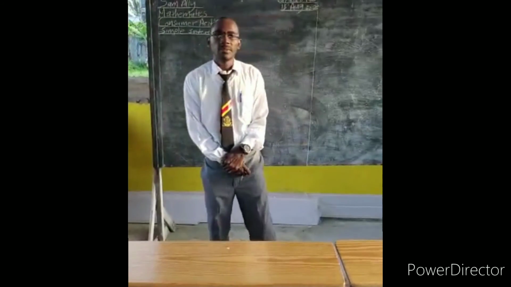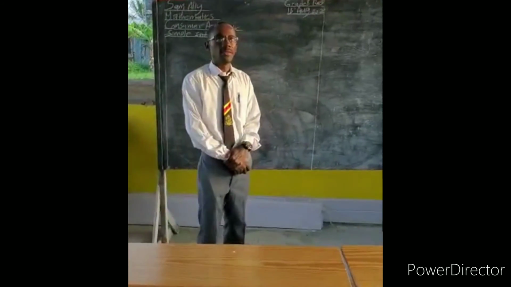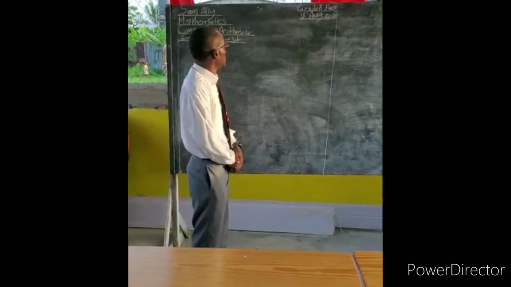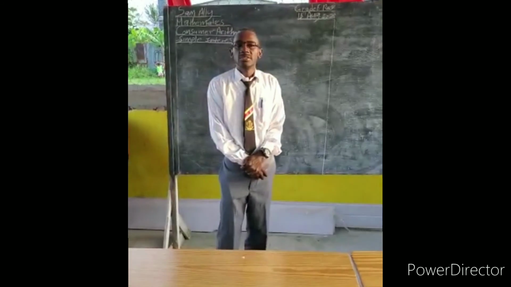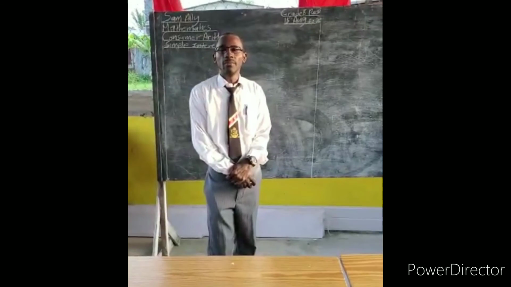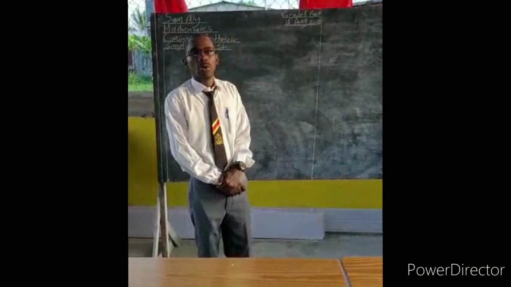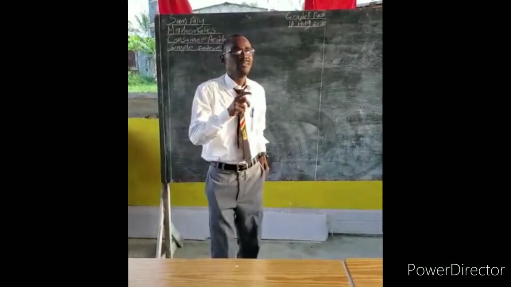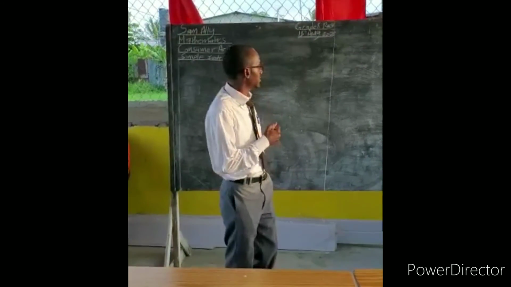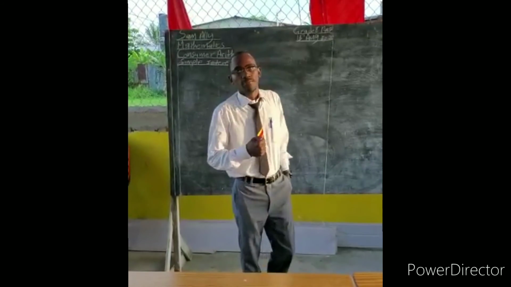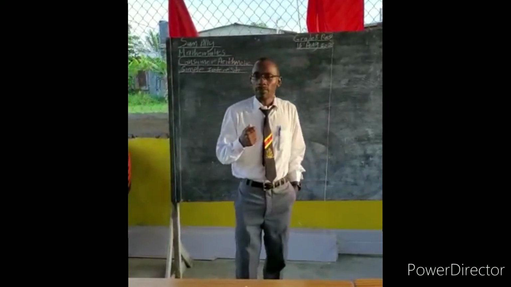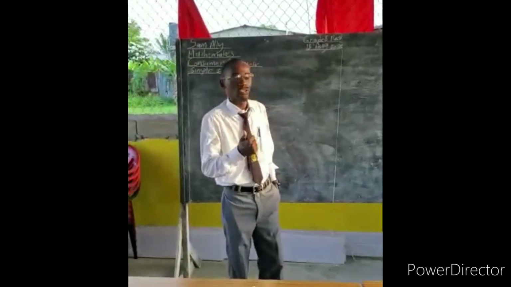As Miss Aretha and Miss McKen mentioned, simple interest is the amount paid on monies borrowed. From all that they mentioned, I'd like one of you to tell me the formula for simple interest.